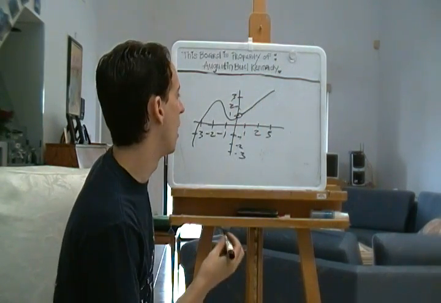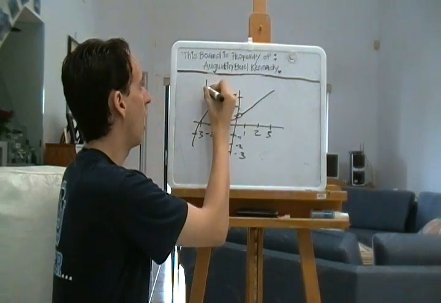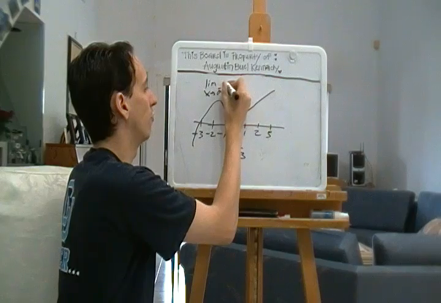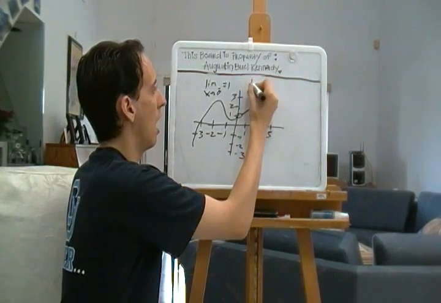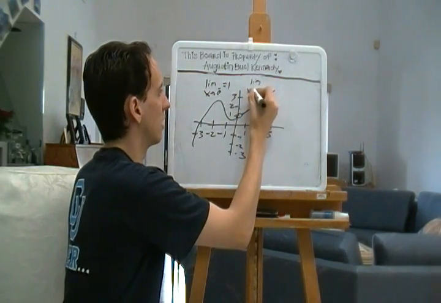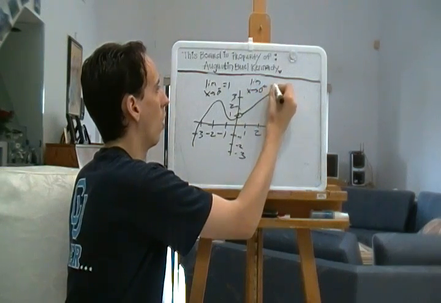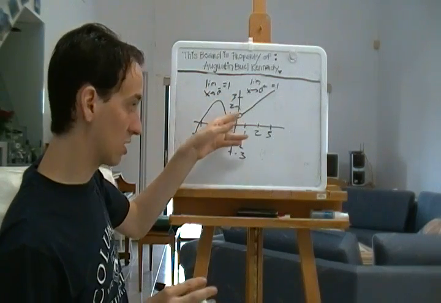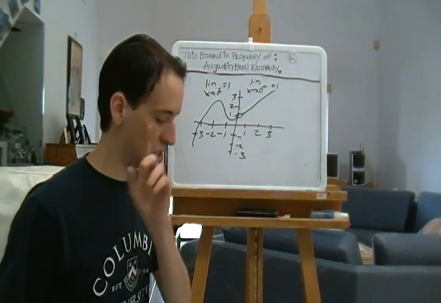It looks linear. Here the limit as x approaches 0 from the left equals 1. And on the right-hand side, the limit as x approaches 0 from the right also equals 1. So now the limit of this function at x equals 0 does exist, and it's 1.